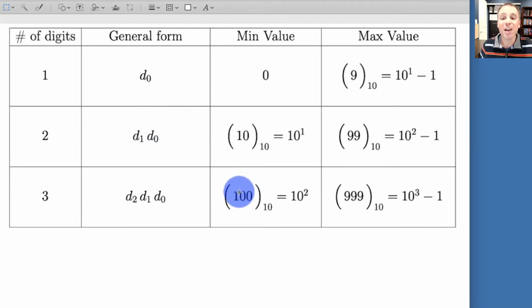On the flip side, 100 is the minimum value that actually requires all 3 digits. Then we can count upwards, 101, 102, and just keep going. The maximum value that we can store using 3 digits is going to be 999, or another way, that's 10 to the third minus 1. Now I'm going to ask you, do you see a pattern here?